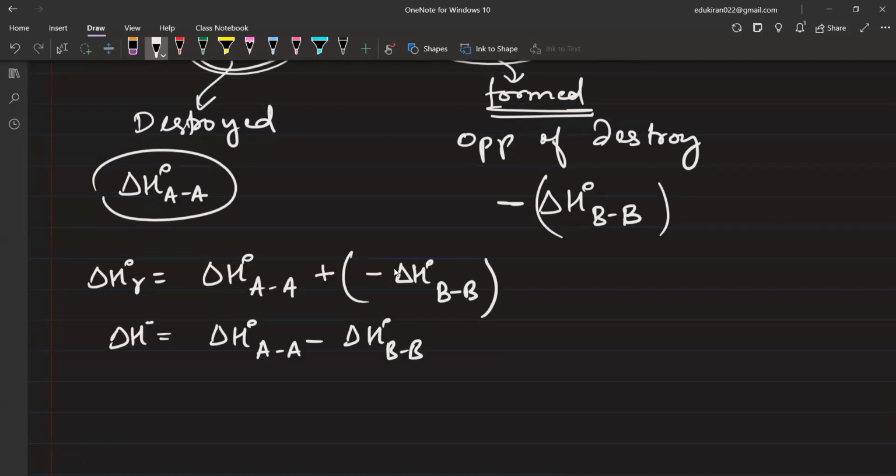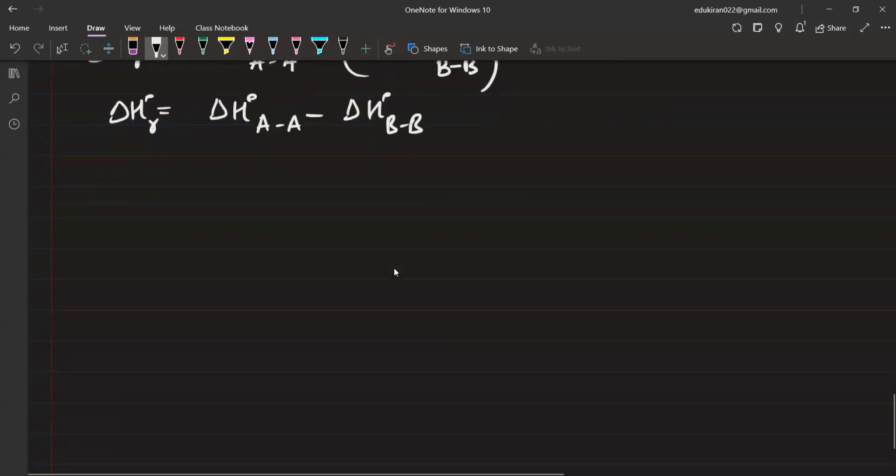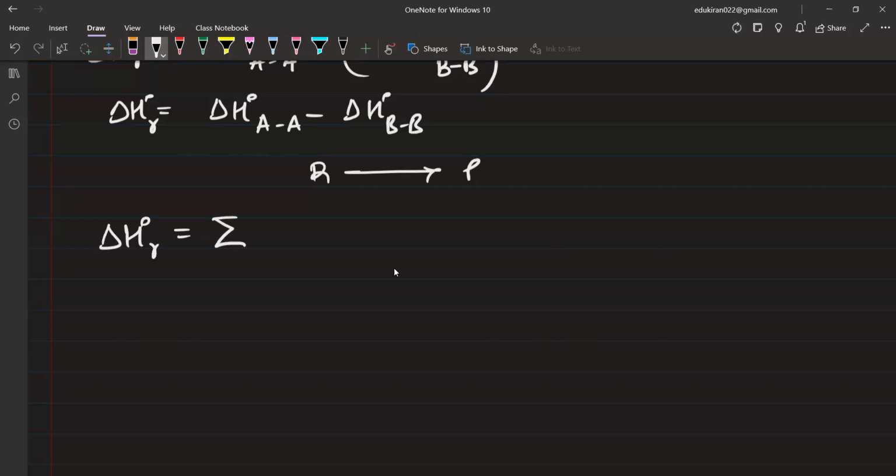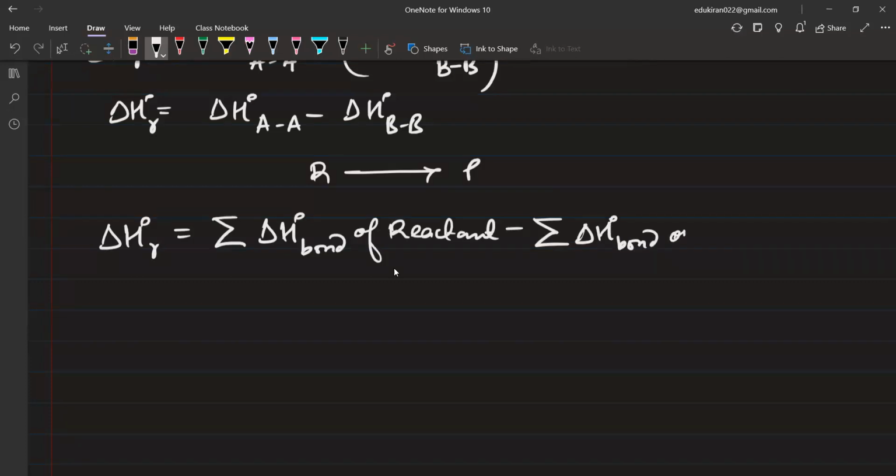If I want to generalize this for each and every reaction, then each and every reaction we go from reactant to product. And in the case of reactant to product, I can write delta H naught R will be equal to the sum of the delta H naught bond of reactant minus the sum of delta H naught bond of product.